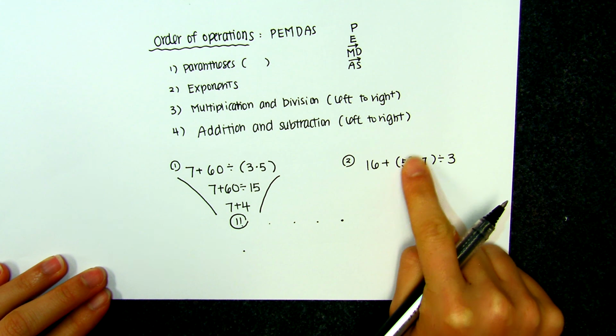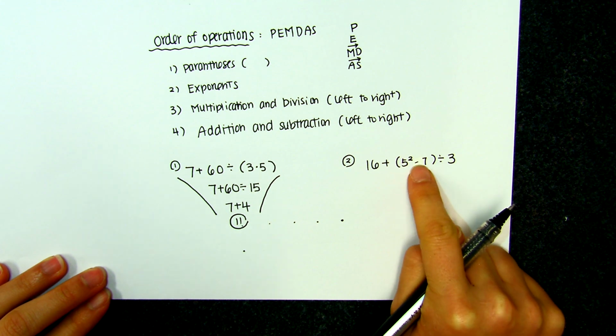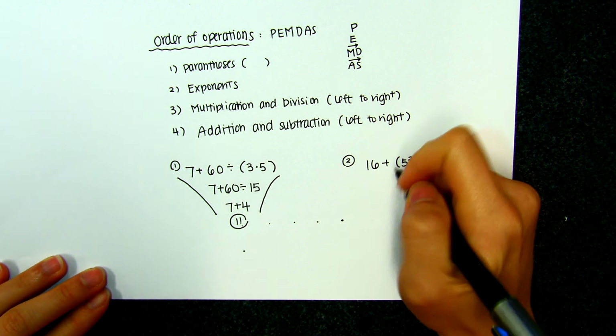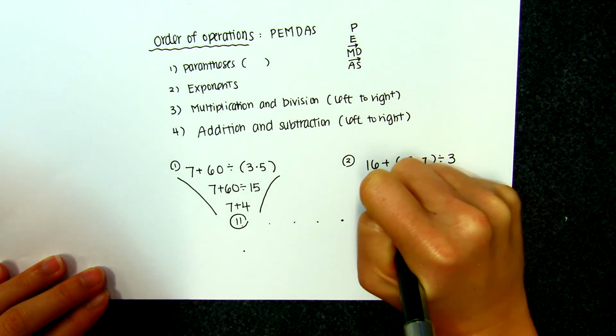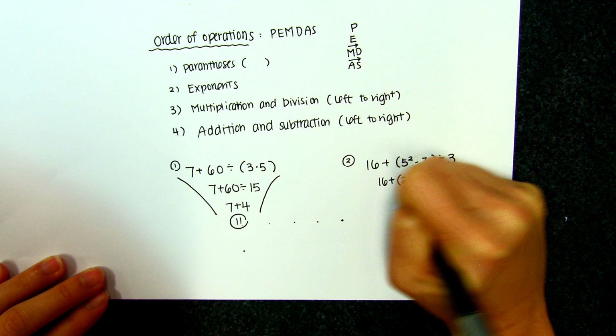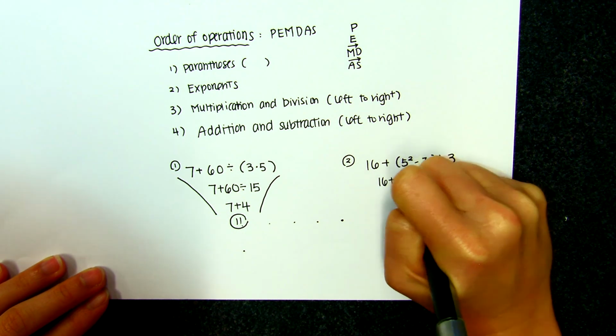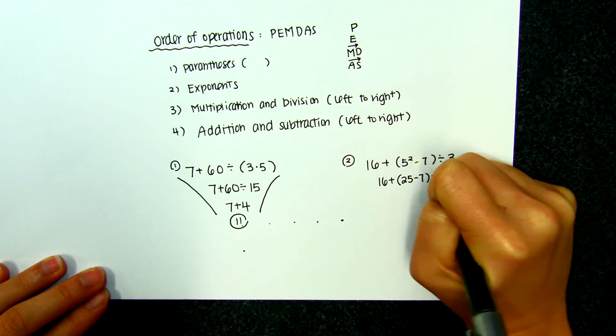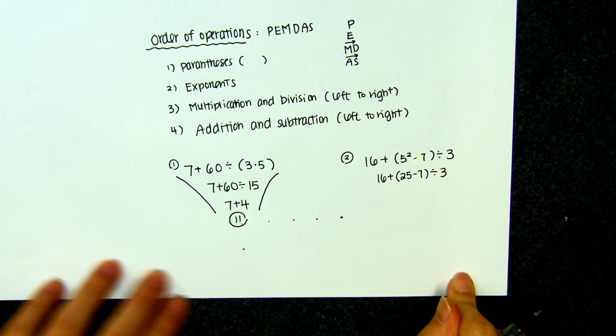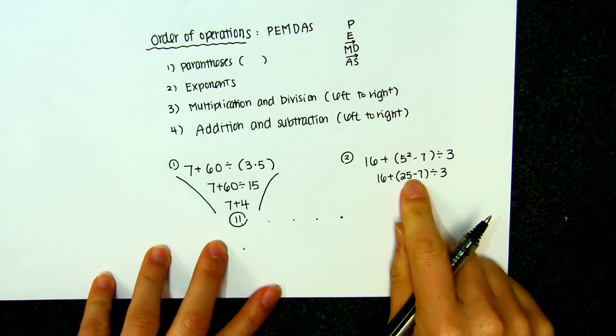So do you do the square, the power, first, or do you do the subtraction? The answer is you do the exponent, the power, first. So it's going to be 16 plus parentheses 5 squared is 25, because 5 times 5, minus 7, divided by 3. Now you can finally do the parentheses. 25 minus 7 is 18.